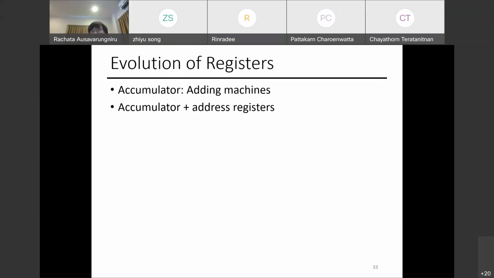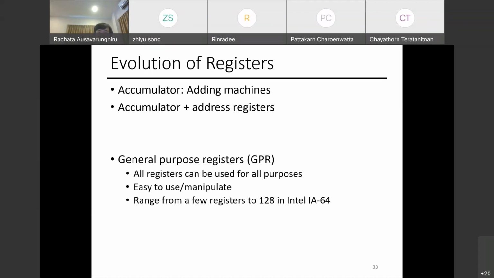It's just adding. Some of the registers accumulate, plus there's the address register. But nowadays, if you look at every single CPU out in the world, most registers have become what we call general purpose registers. A general purpose register can be used for any purpose, easy to manage and manipulate, right?